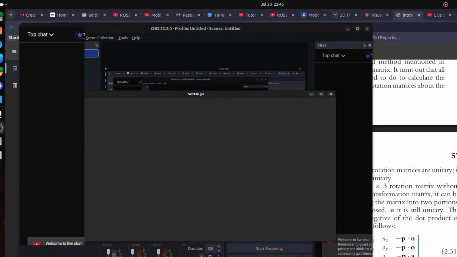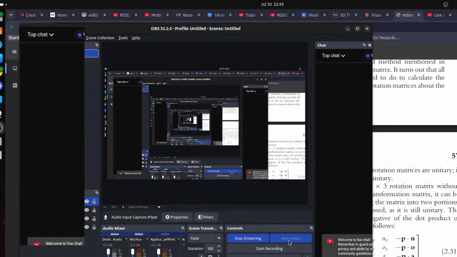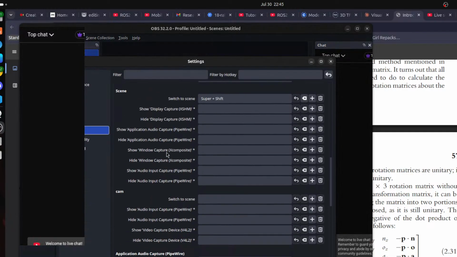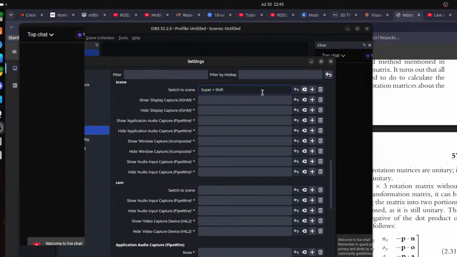So what does this do? Oh, cool. So maybe hotkeys. This could be super.